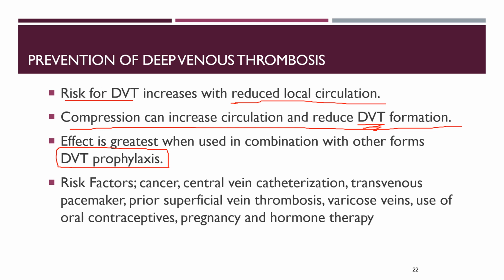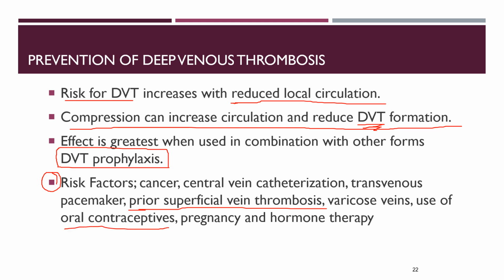Okay, and here are some of the risk factors for a DVT formation. So cancer, central vein catheterization, transvenous pacemaker, prior superficial vein thrombosis. So that's why we always ask if there's a history of DVTs as well. Varicose veins, use of oral contraceptives.